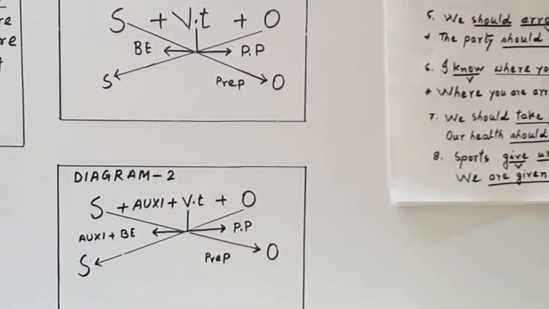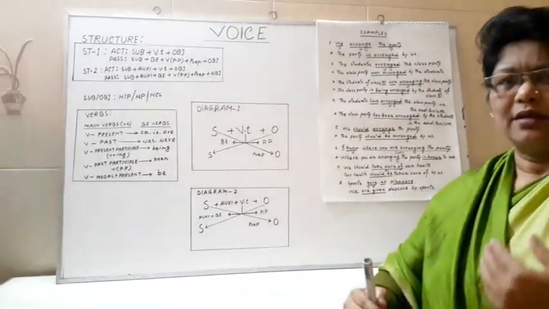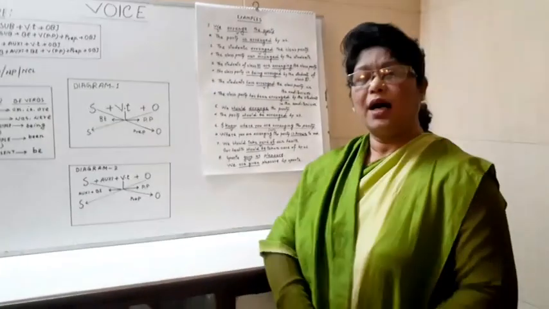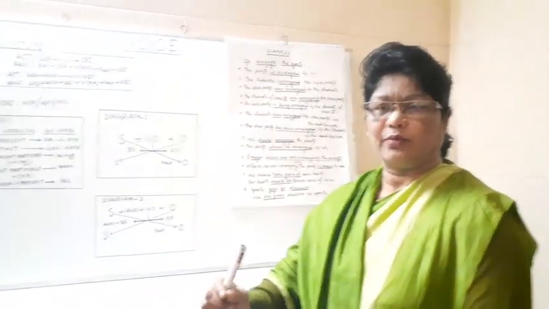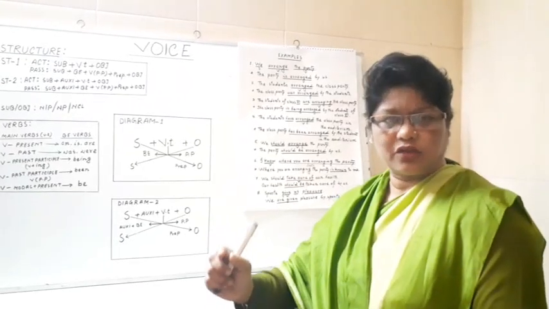So one thing is clear, that when we change the sentence from active to passive, we have to use a be verb. I mean the use of a be verb is a compulsion for us.